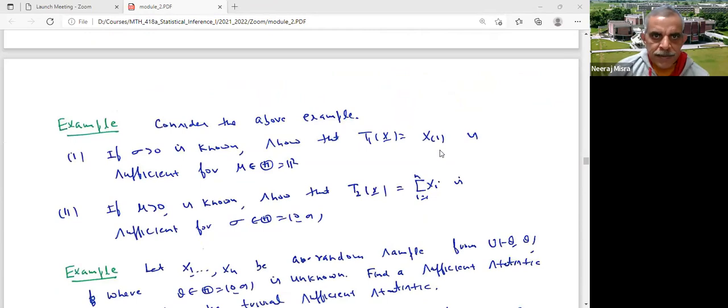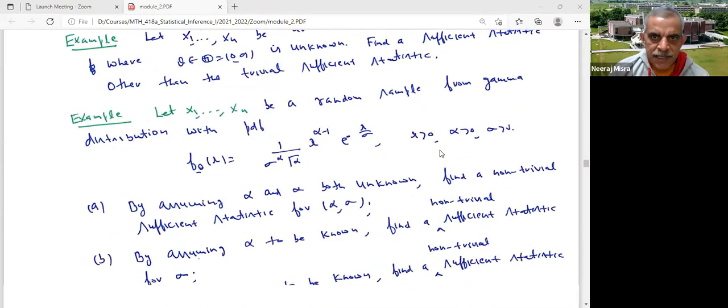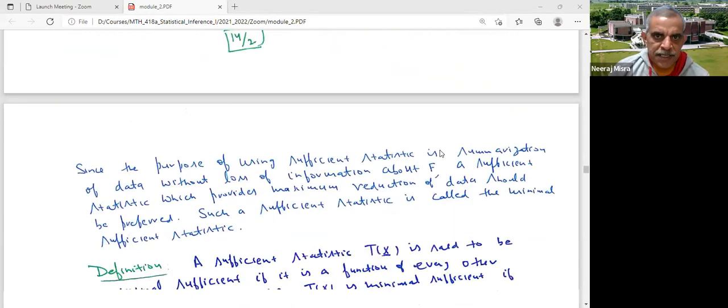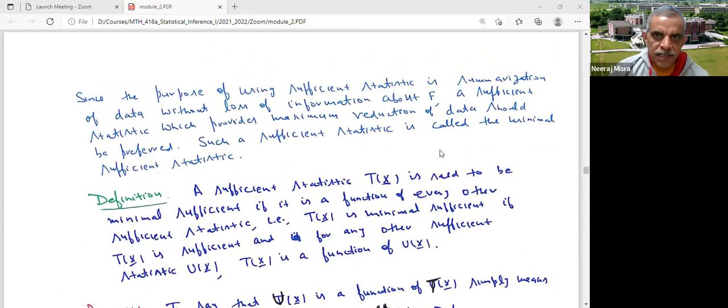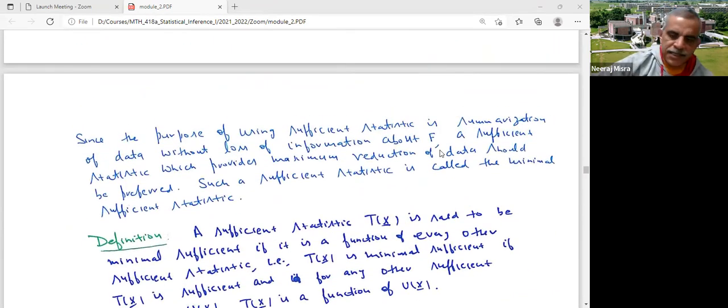Okay, so what we were doing last time is we're trying to start with the concept of a minimal sufficient statistic. What we discussed was that sufficient statistics help us in reducing the data without losing any information that is contained in the data.